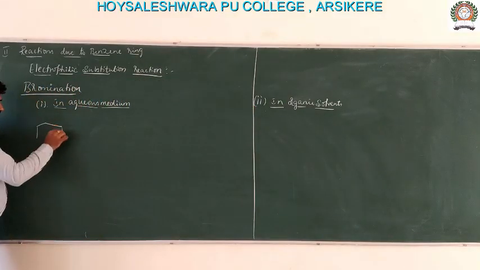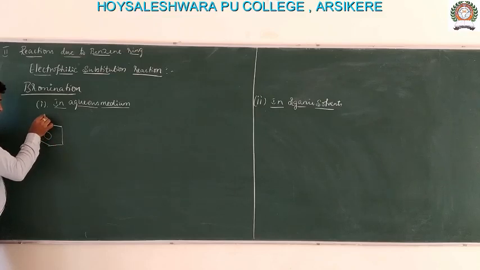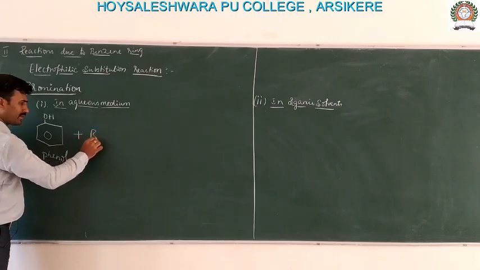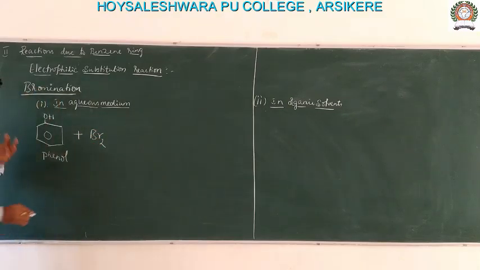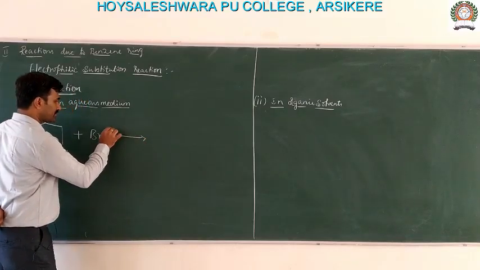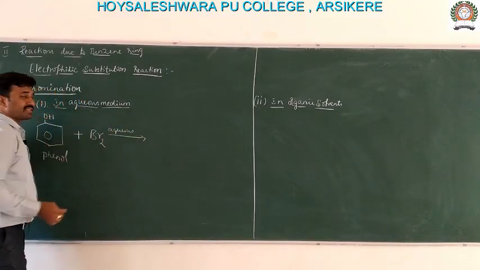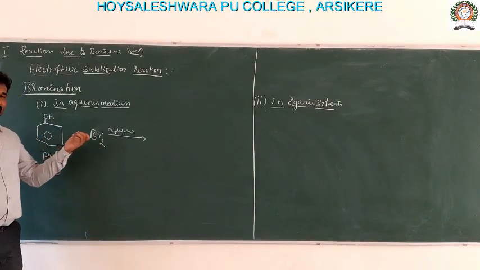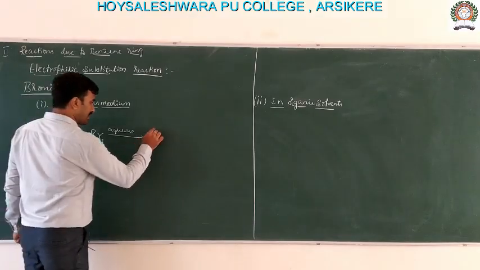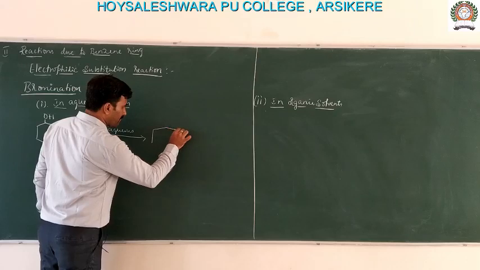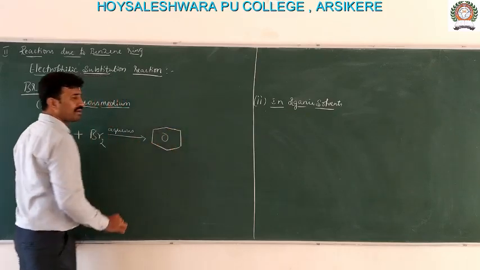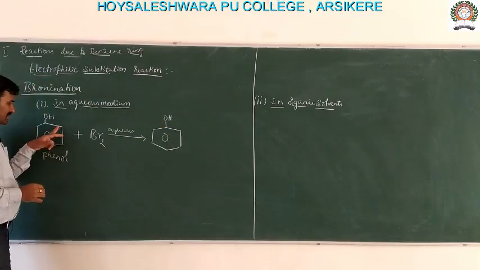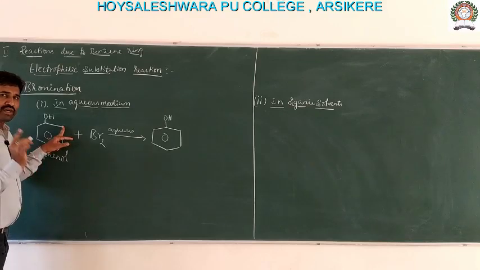This is phenol. Phenol upon reacting with bromine, Br2, in aqueous medium, that is in water, bromine water, forms a precipitate. The OH remains as it is, and it forms ortho and para products.